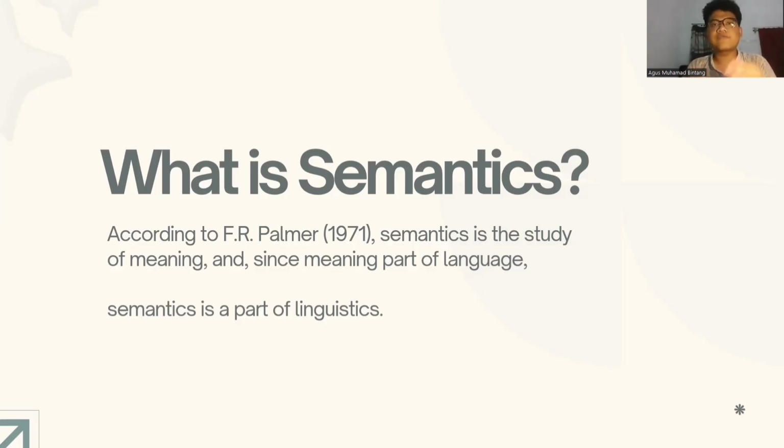For example, if you have a word called red. In another linguistic field, red could be called a color, but in semantics, red could have another meaning. For example, in homonymy, red could be the expression of anger, or of the mouth.